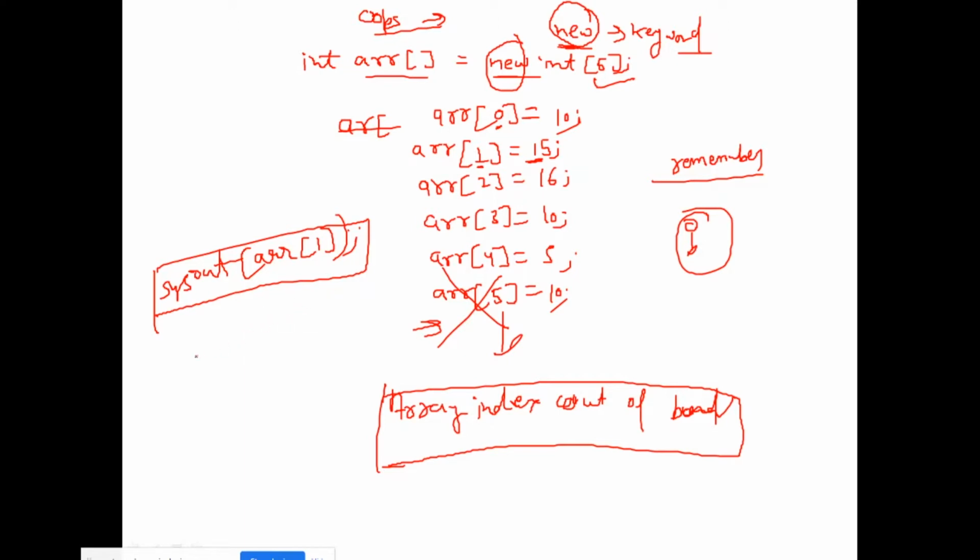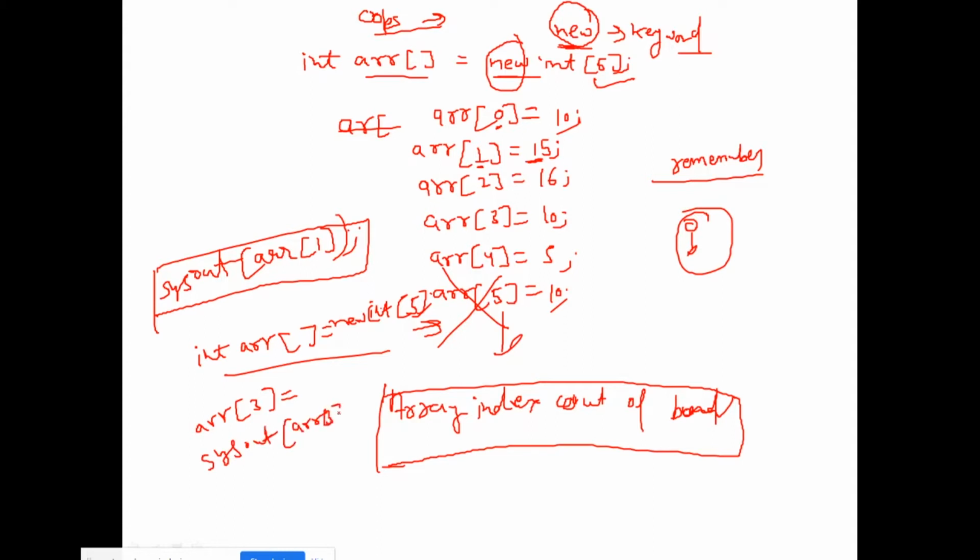One more thing, if I define an array, int array is equal to new int 5, so if I print arr3, now suppose I sys out arr3. Now I want to ask Pooja what will be the output. 10, right?